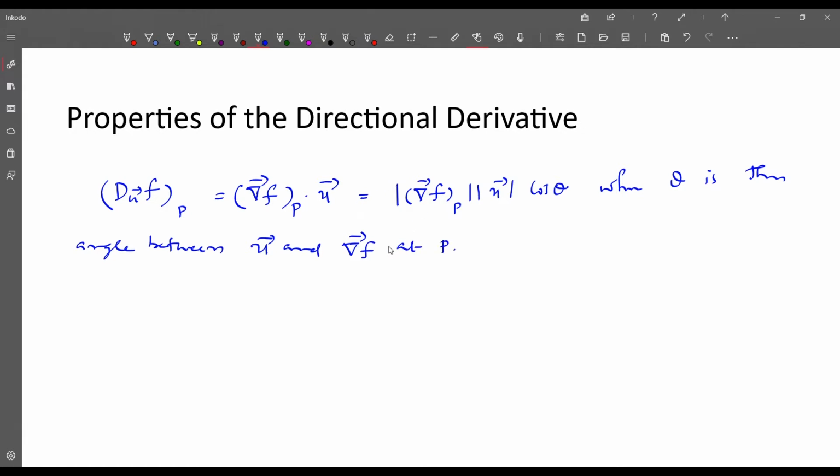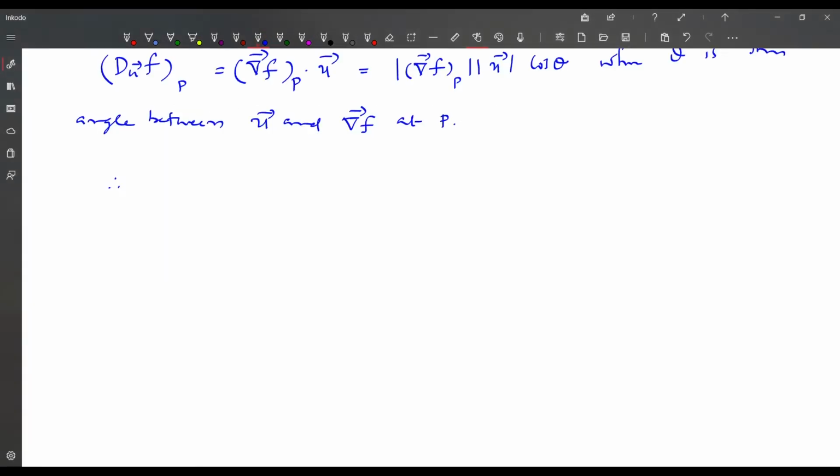So from this we can observe that D_u f at p is maximum when cos theta equal to 1.